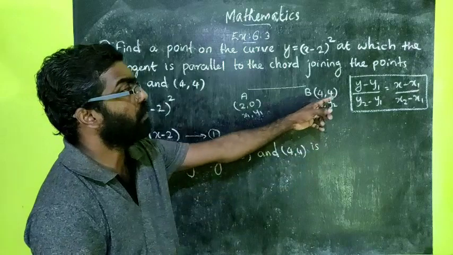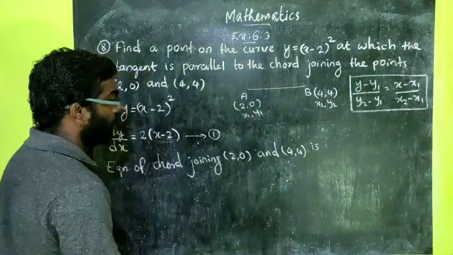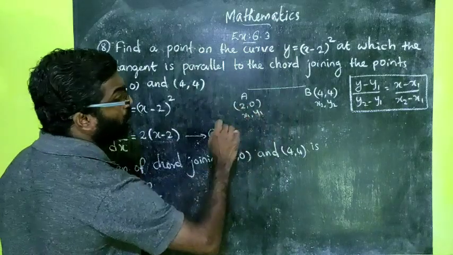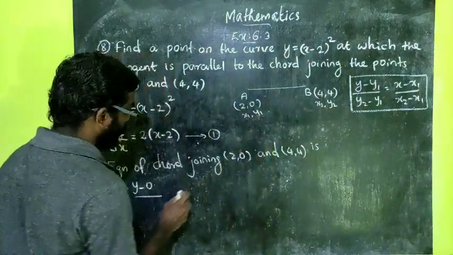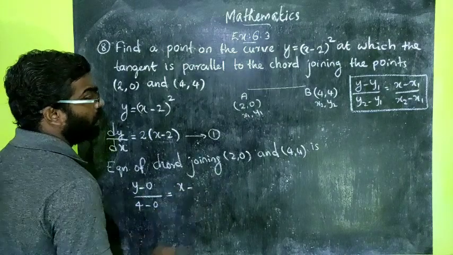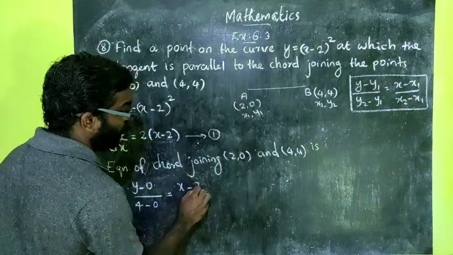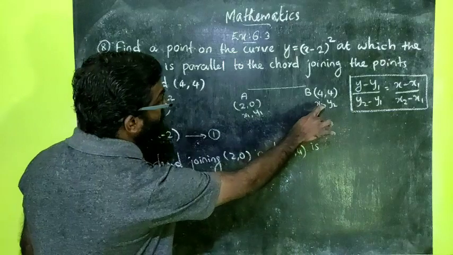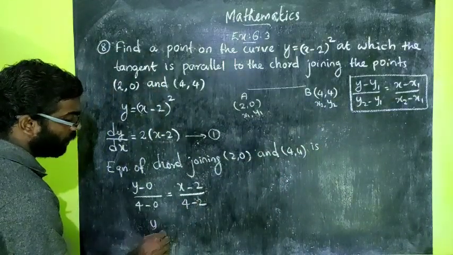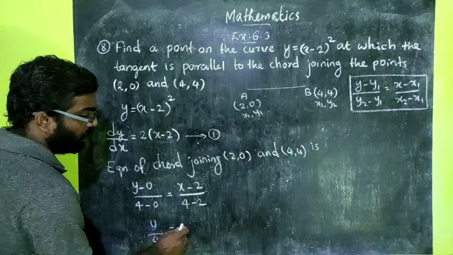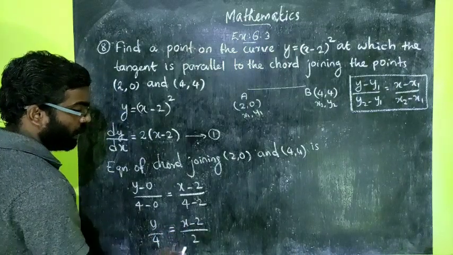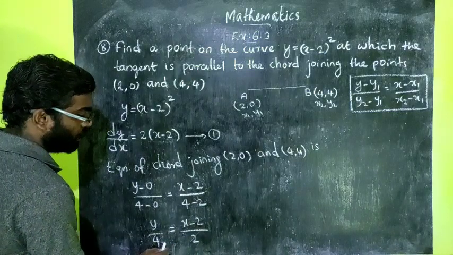Okay, and we can apply the formula y minus y1, that is y minus 0 by y2 minus y1, 4 minus 0, which is equal to x minus x1, that is x minus 2 by x2 minus x1, 4 minus 2, that is y by 4 equal to x minus 2 divided by 2. Here we can cancel this 2 and 4, we get 2.